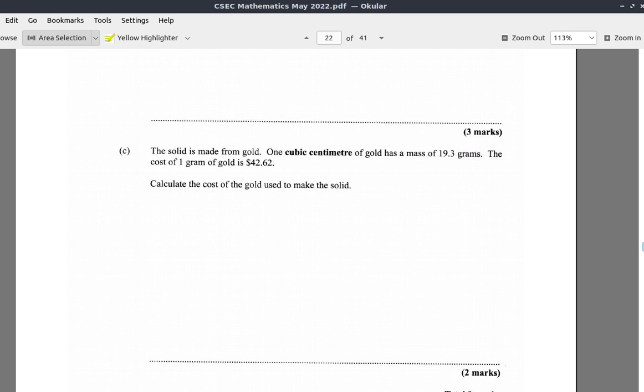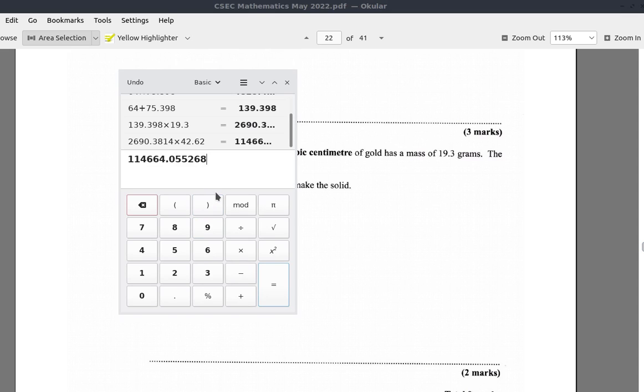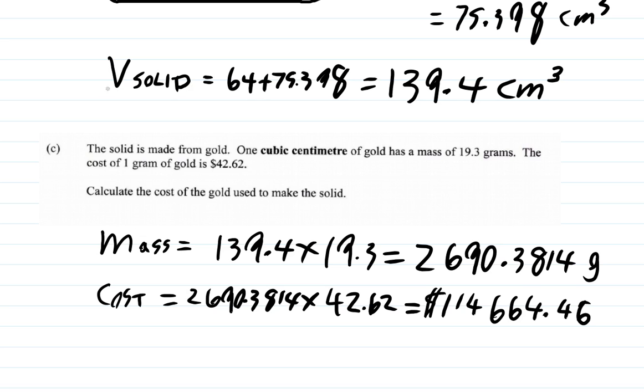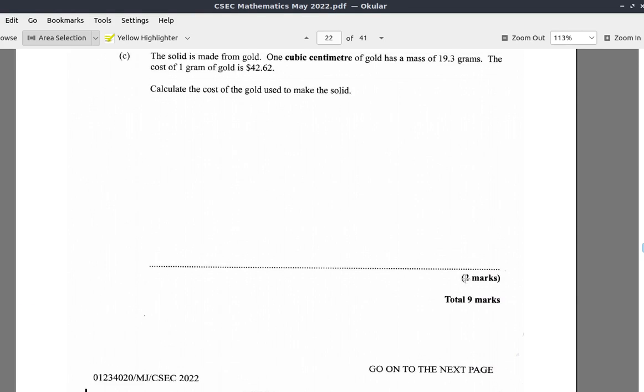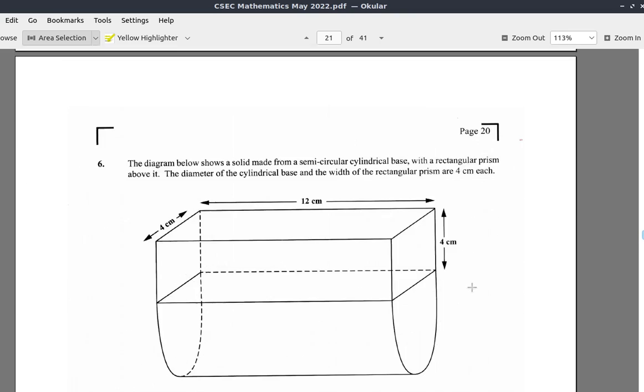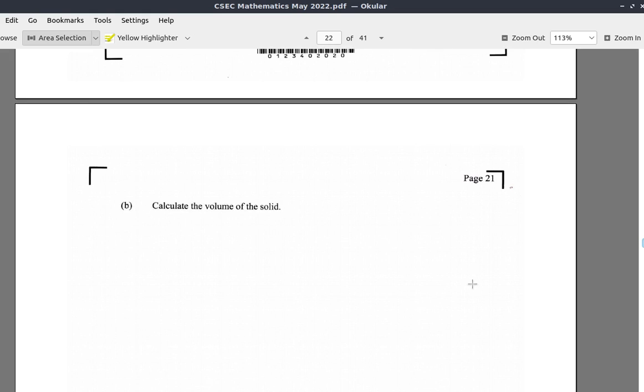That's what we see there. Oh, 0.05. It will be 6 cents, not 46 cents. So let's erase this and put a 0 there instead. $114,664.06. So that is the cost of the gold. And that's the end of question 6. We'll look at question 7 in another video.